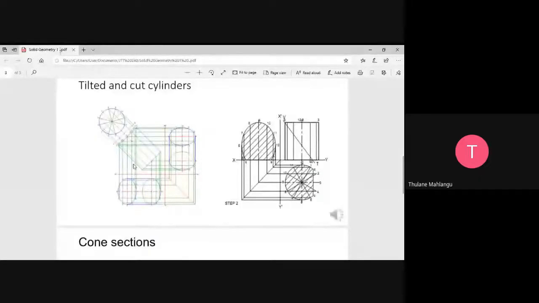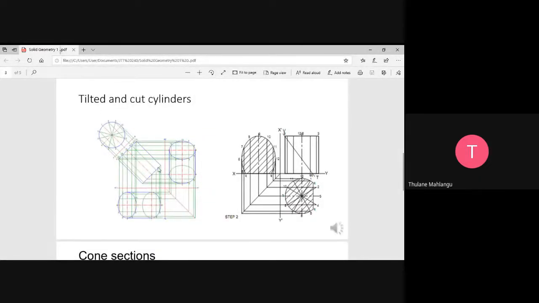So, tilted cylinder. This is what I was explaining, but this one is tilted from the other angle. Let's say this line is at an angle of 45 degrees. This is what I meant when I said this is the bottom part of the cylinder, and this is the top part of the cylinder. So you have two circles here. It's just the specific drawing. There is no help view here, so you'll have a help view somewhere there.